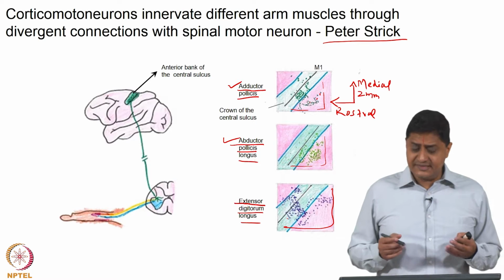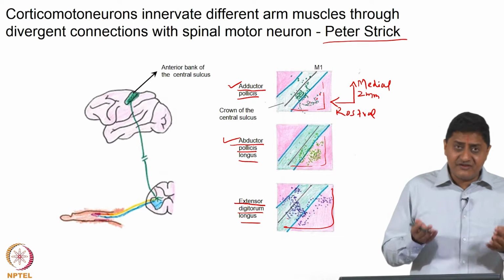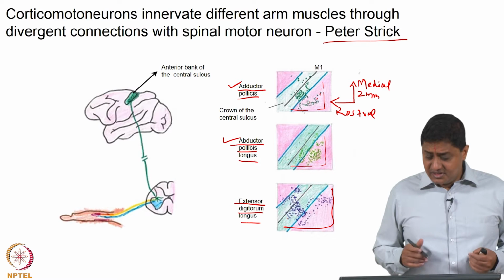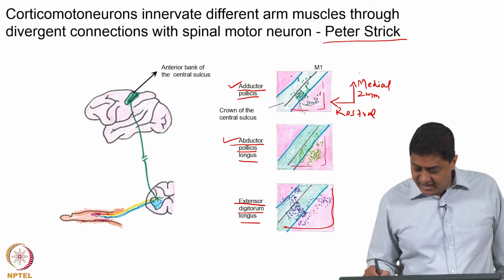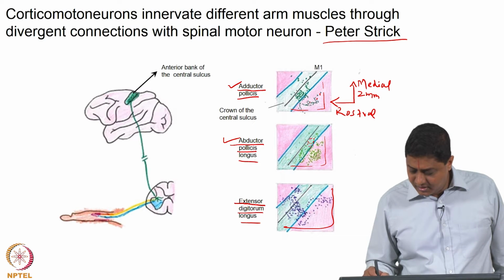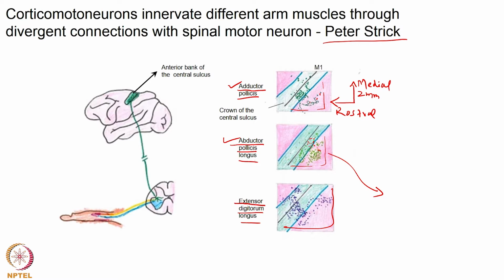So, what this means is that there is both divergence and convergence. From a particular neuron or from a particular area there may be projections to multiple muscles. Let us call this muscle 1, this muscle 2, and let us take a different color, muscle 3 and so on and so forth.